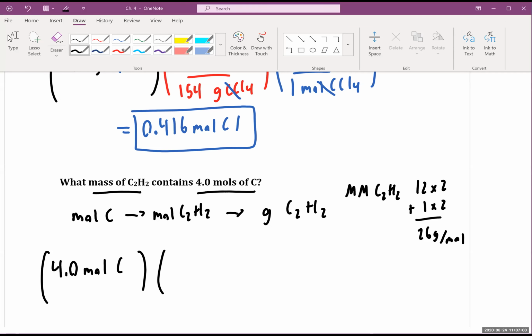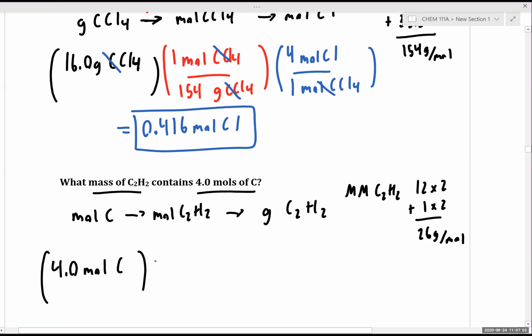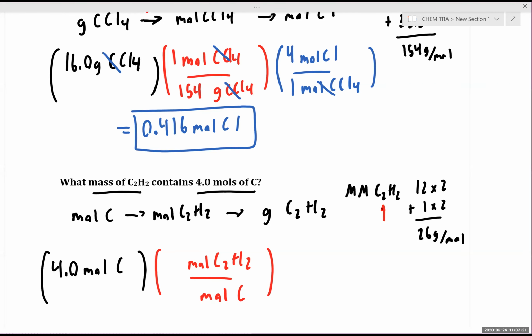Now, looking at this expression, how many moles of C2H2 do we have per every mole of carbon in our sample? So what's our mole to mole ratio? How many moles of carbon do we see based on our formula ratio?